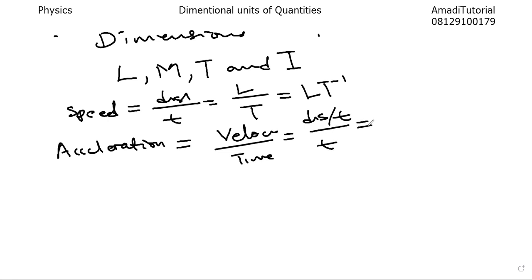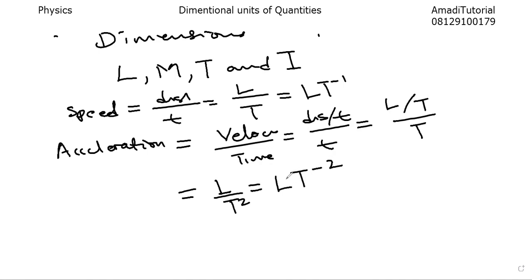Displacement in its fundamental form is a length, and time is also a fundamental unit. So the dimensional unit for acceleration will be length over time squared, which is the same thing as length times time raised by minus 2.